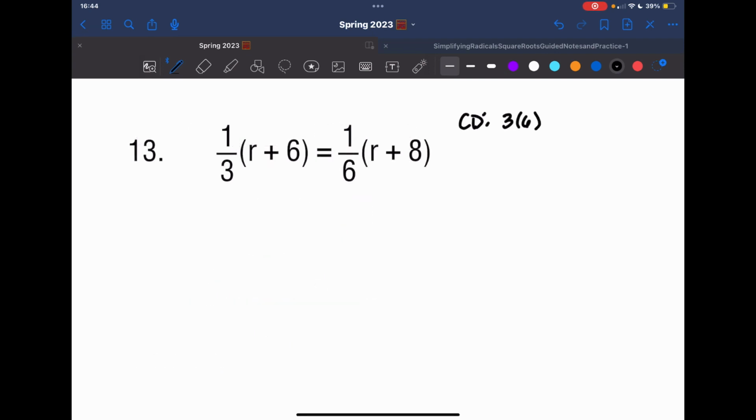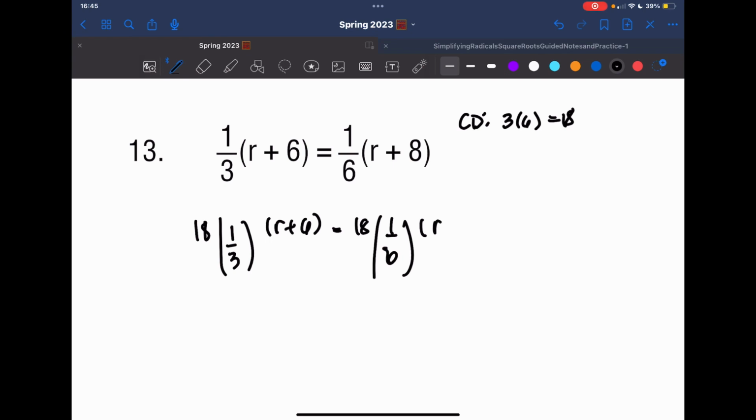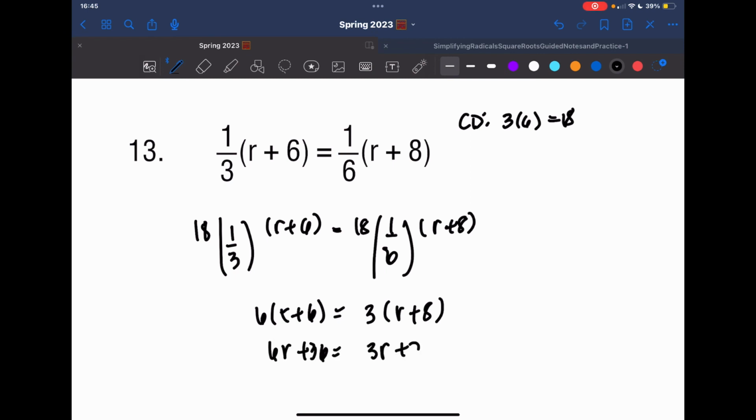3 times 6 equals 18. So 18 times 1 over 3 times r plus 6 equals 18 times 1 over 6 times r plus 8. So then you get 6 times r plus 6 equals 3 times r plus 8. 6r plus 36 equals 3r plus 24.